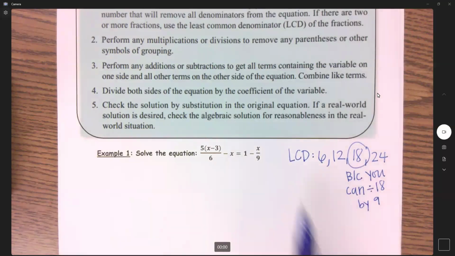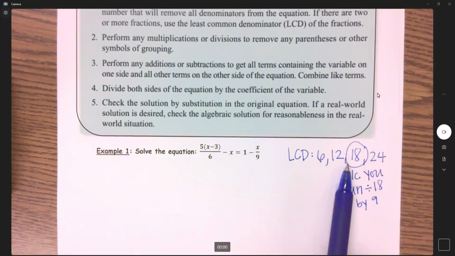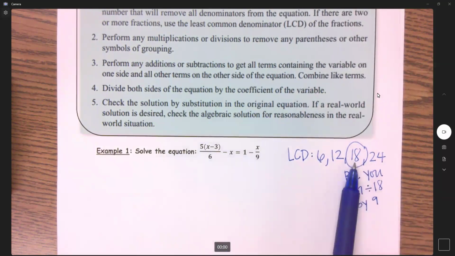Okay, so we have found the LCD, so we're going to multiply both sides by the LCD. Now, when I multiply both sides by the LCD, we're going to end up distributing it, and what that essentially does is every term here needs to get multiplied by this LCD.